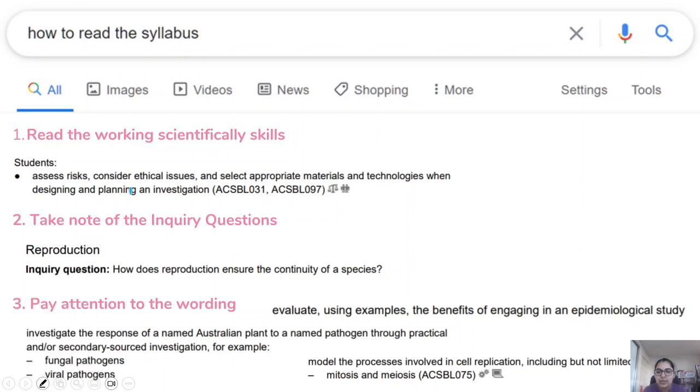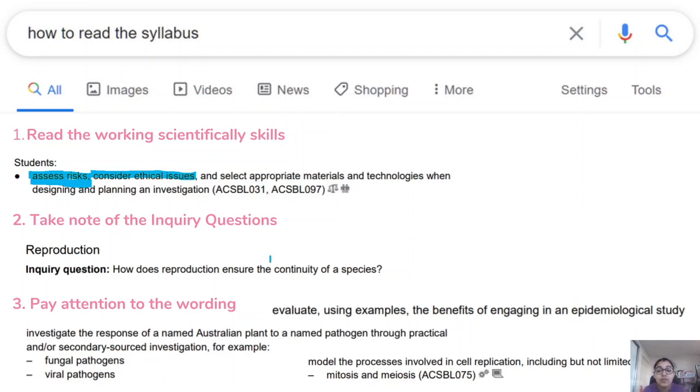In an exam, they might give you a study and ask you to consider the ethical issues of it, or assess the risks associated with a study or experiment. So the aim here is that you learn to apply that. You learn to actually think critically about all these different aspects of the scientific discipline.